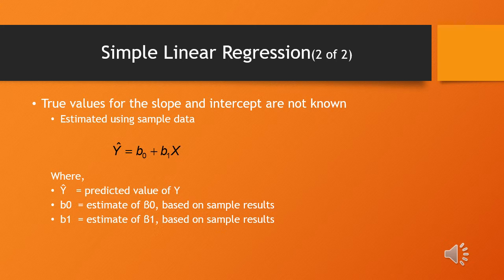The true values for the intercept and slope are not known, so they are estimated using sample data.